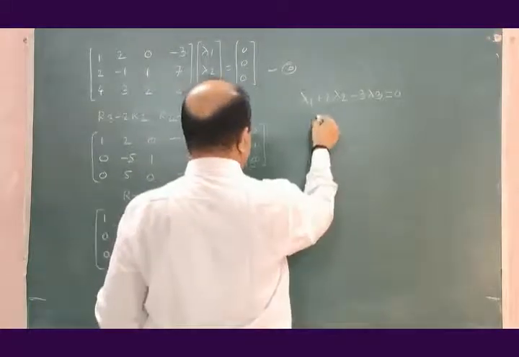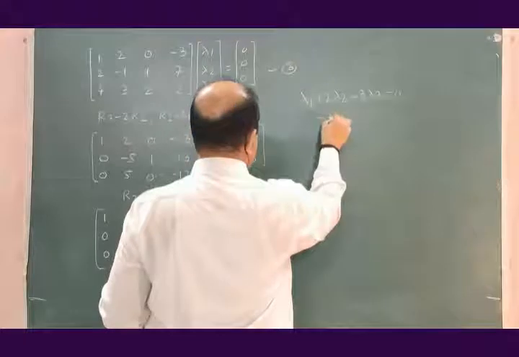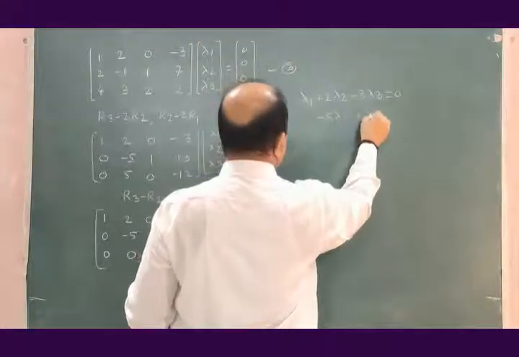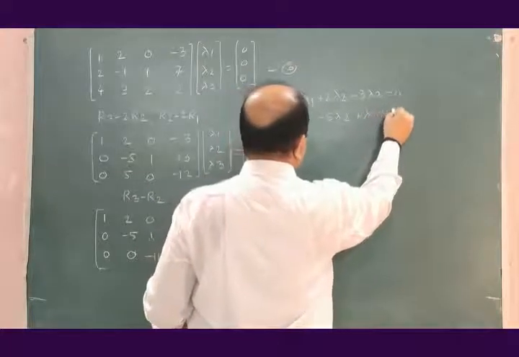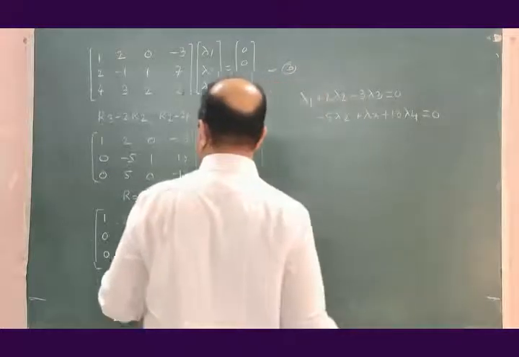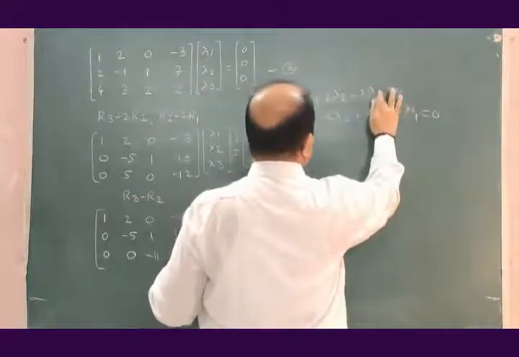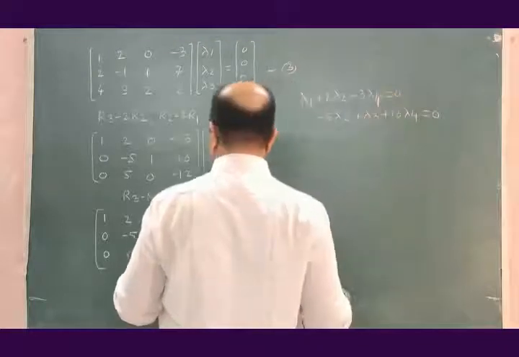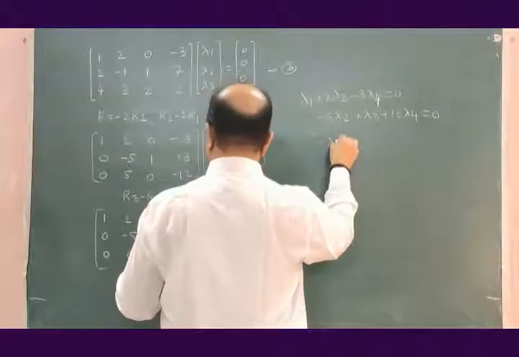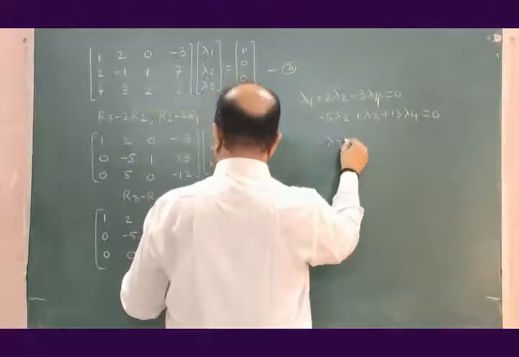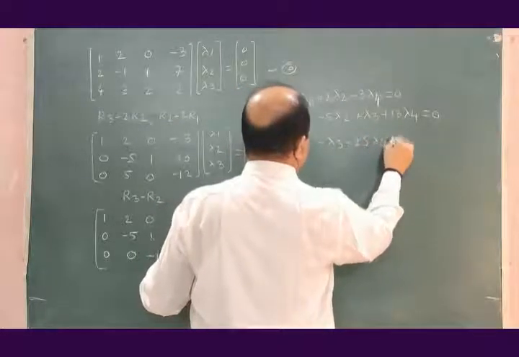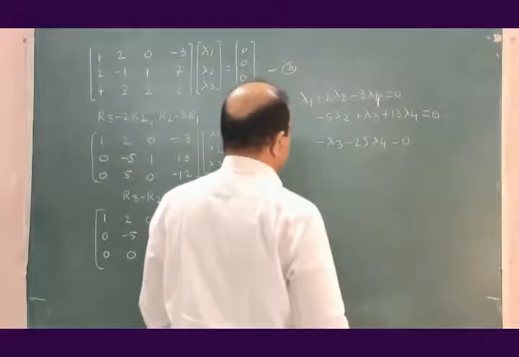Second equation will be minus 5 lambda 2 plus lambda 3 plus 13 lambda 4 is equal to 0. This is lambda 4. And last one is minus lambda 3 minus 25 lambda 4 is equal to 0.